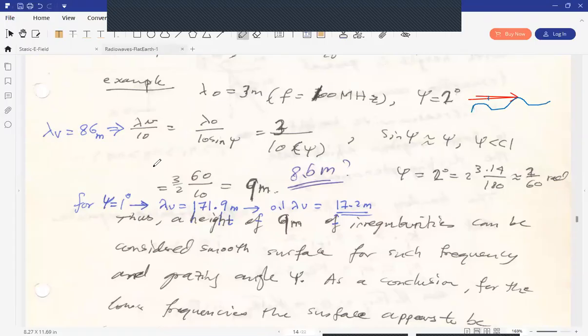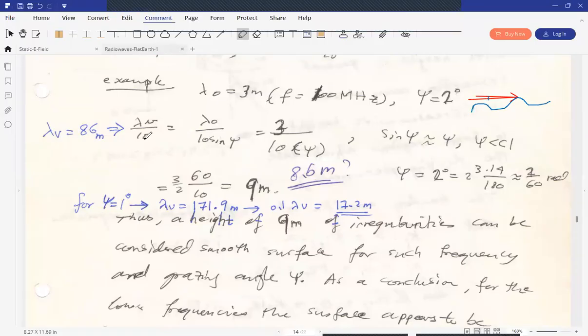Now, as we said, lambda vertical over 10 is the maximum height of the vertical variation in the earth, which is equal to lambda naught over sin psi over 10, that is delta z maximum. Lambda naught over sin psi is lambda v, over 10 here.